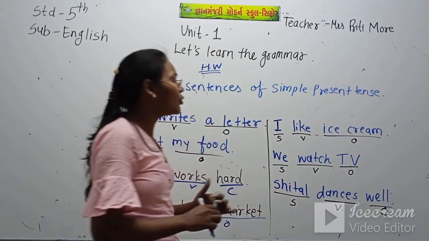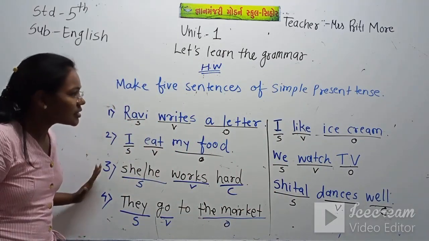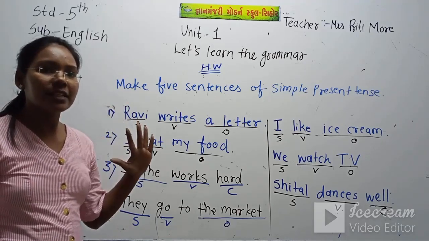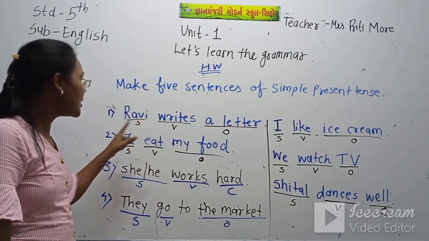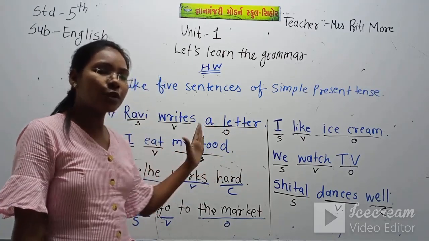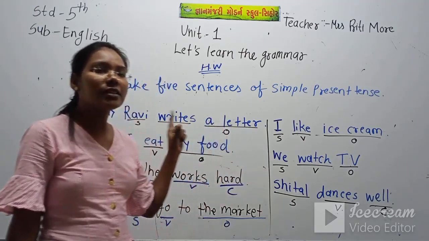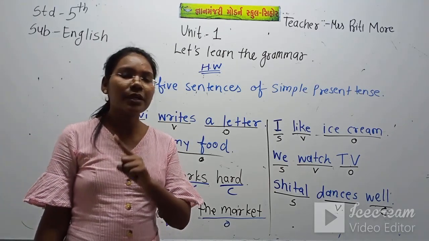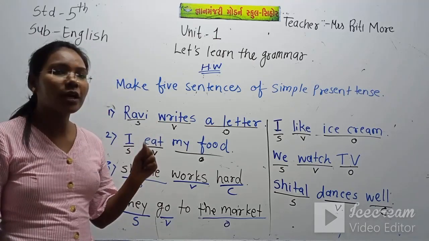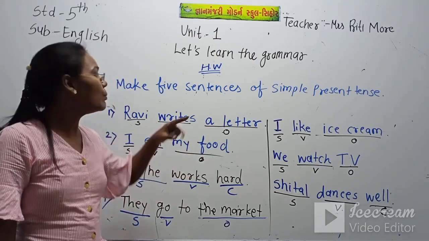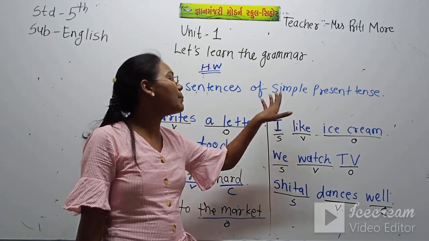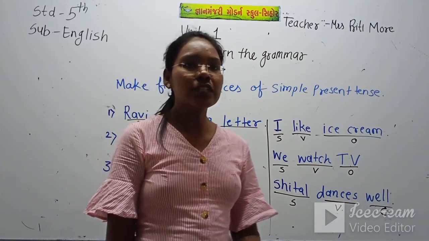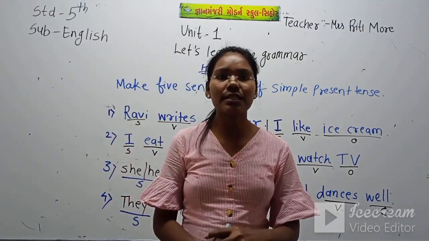What you have to do, like I have made 6 or 7 sentences here, you also have to make 5 sentences using subject, verb and object, as you have written the formula subject plus verb plus s or es plus object. By using that formula, you have to make 5 sentences of simple present tense. This is your homework. Now, in the next video, we'll see what is simple past tense and how to make a sentence in simple past tense.